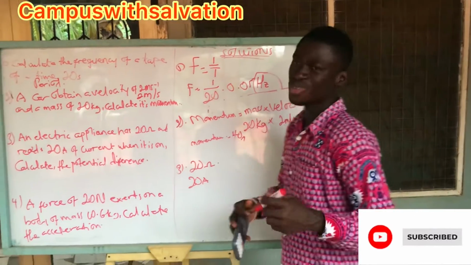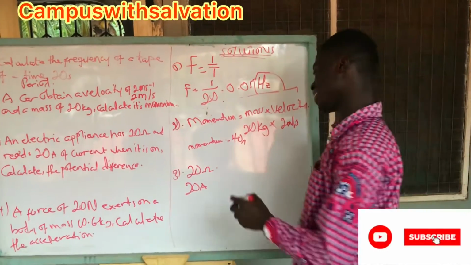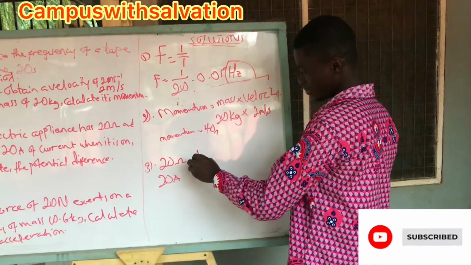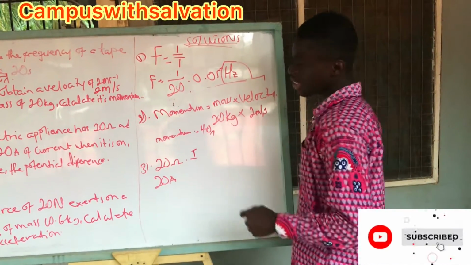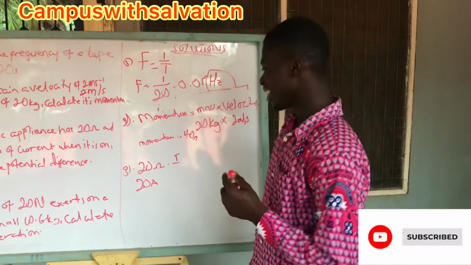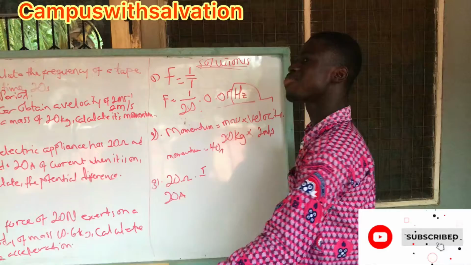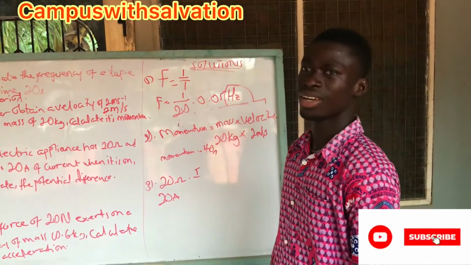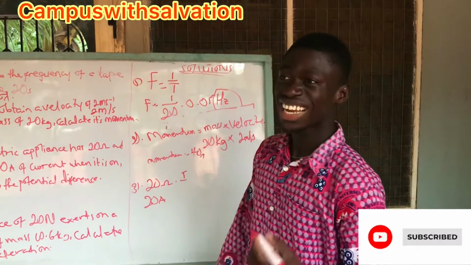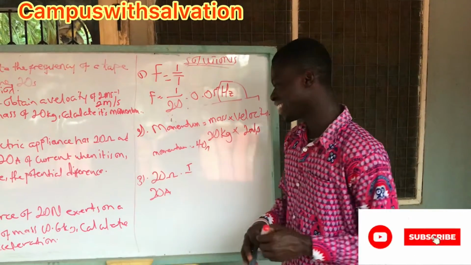Ohm's law states that an electric current, that's I, that passes through a conductor is directly proportional to the potential difference, or the voltage.